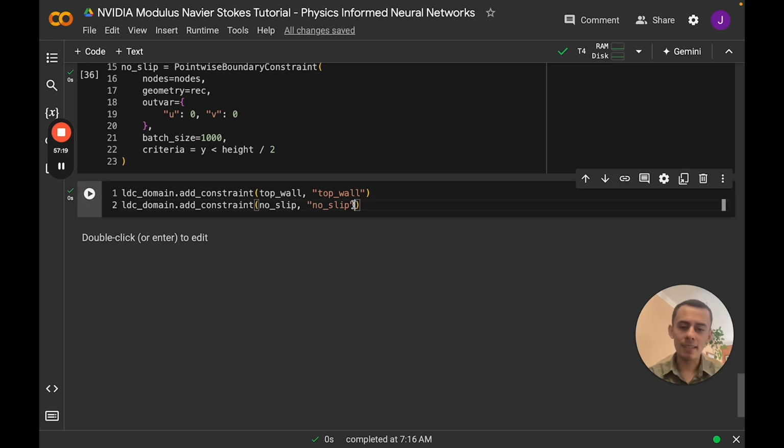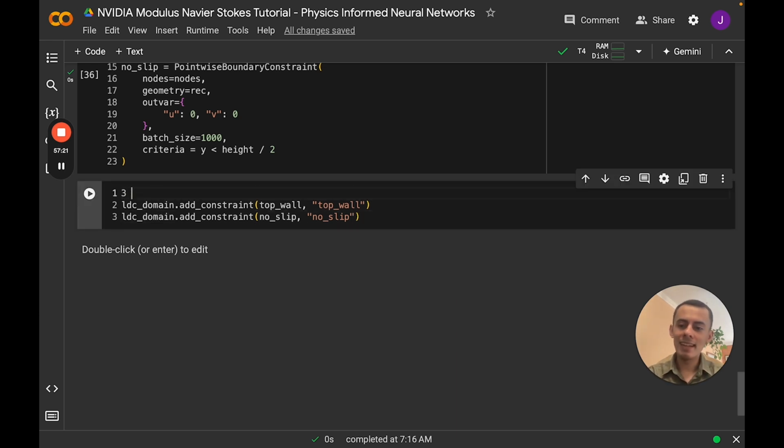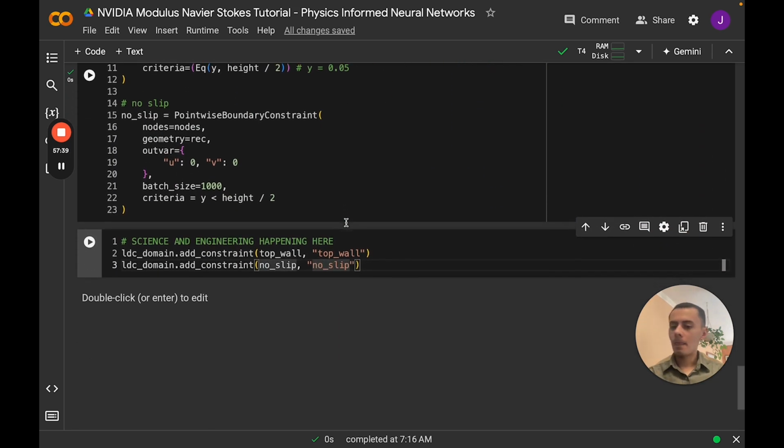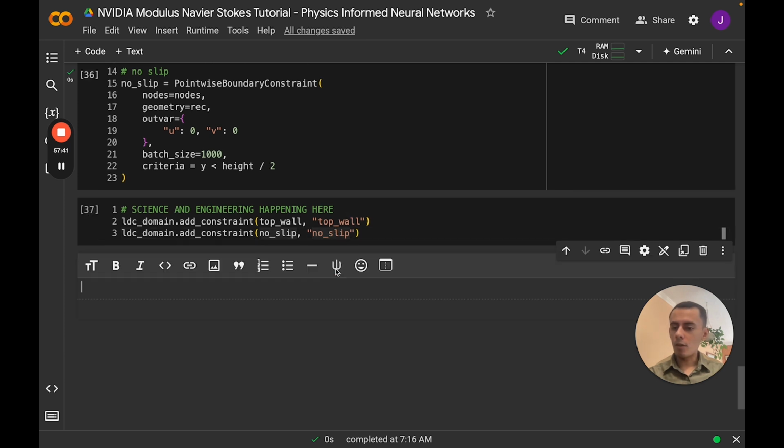That's the science and engineering part, you see? And it's easy. Nothing to do about neural networks here. This is traditional engineering and science and simulations and partial differential equations. You have the constraints with these couple of commands that are fairly straightforward. Right. Okay, cool.